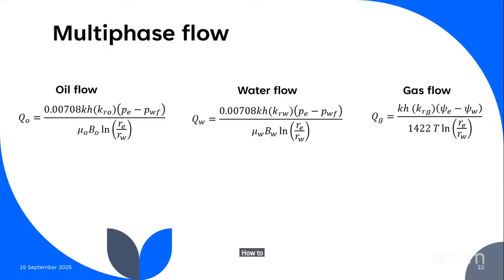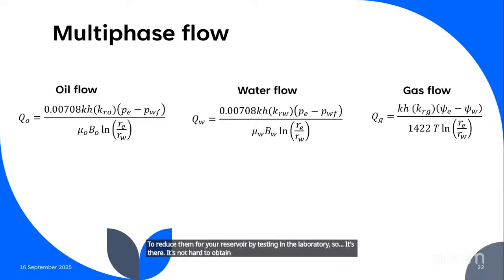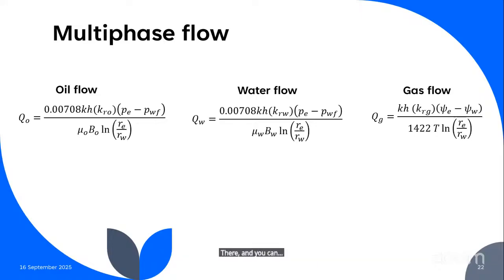How to get this? The relative permeability curves are sometimes found in some software, and sometimes you produce them for your reservoir by testing in the laboratory. So it's not hard to obtain, or impossible to obtain. It's already there, and you can predict the behavior of oil and water.